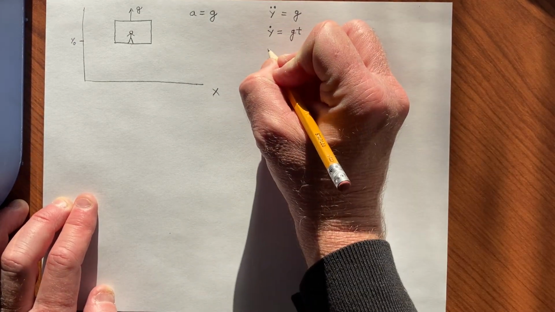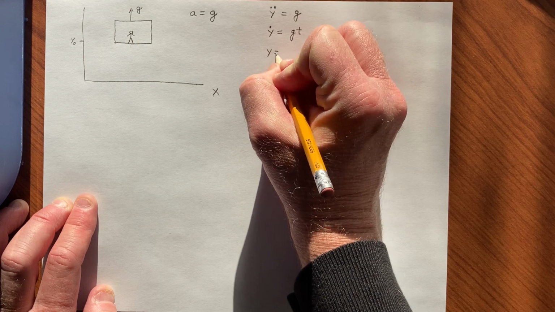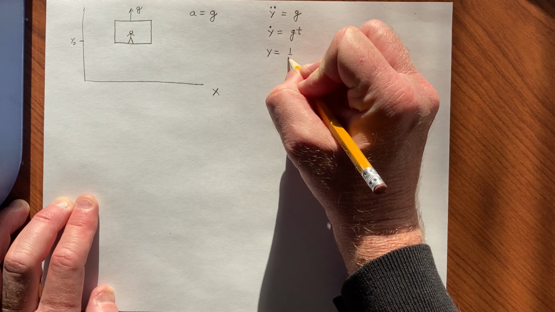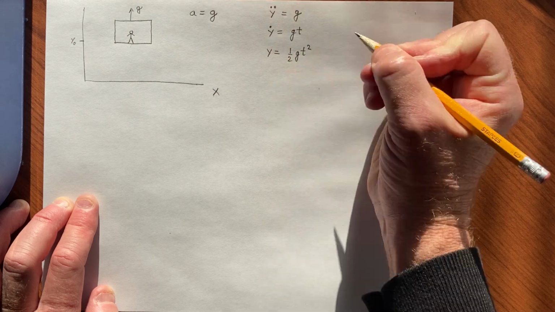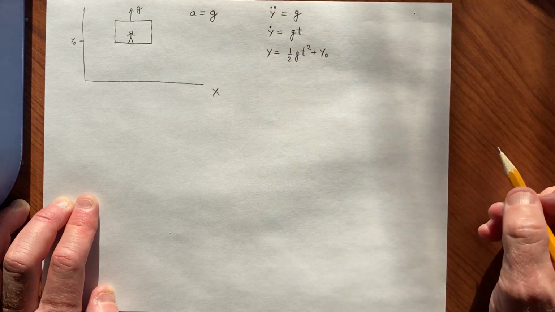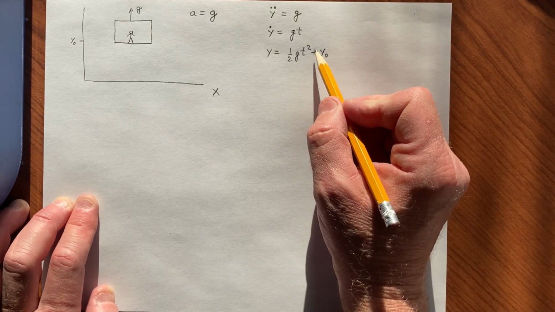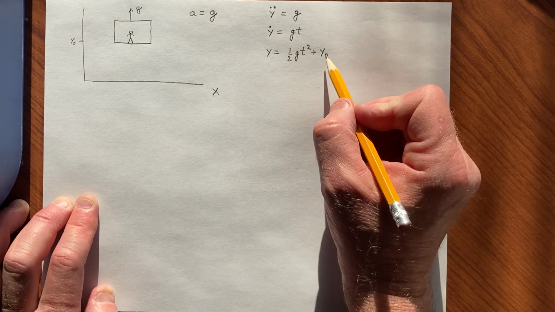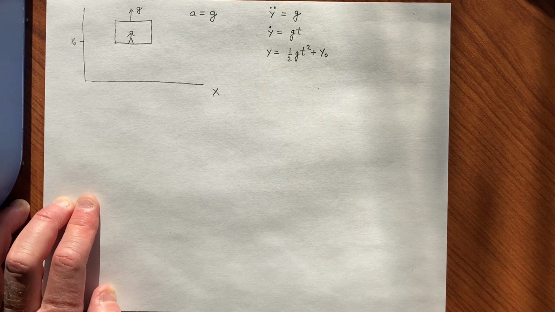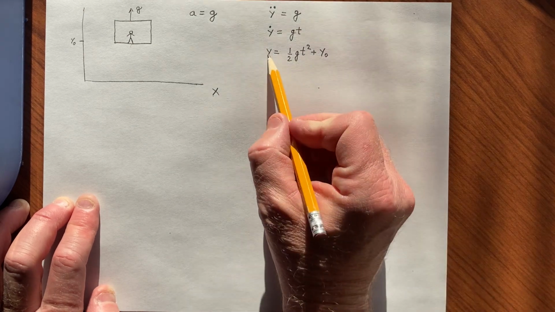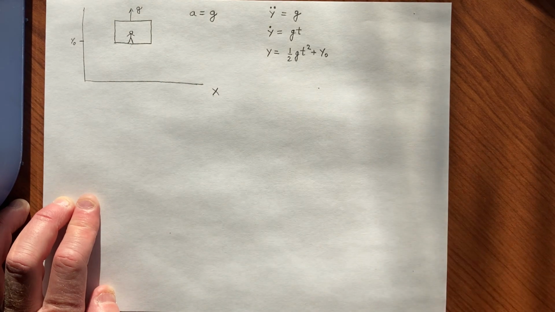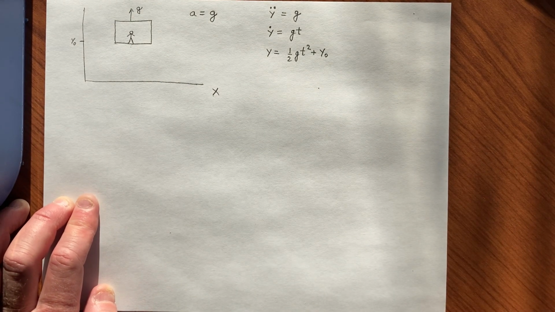That's the speed, and the position is therefore, we integrate this and we get 1/2 gt squared, and initial speed is 0 here, so it's 0 here as well, and so we just have to add the initial position there as the constant of integration. So this is the equation for the position of the floor of the laboratory.